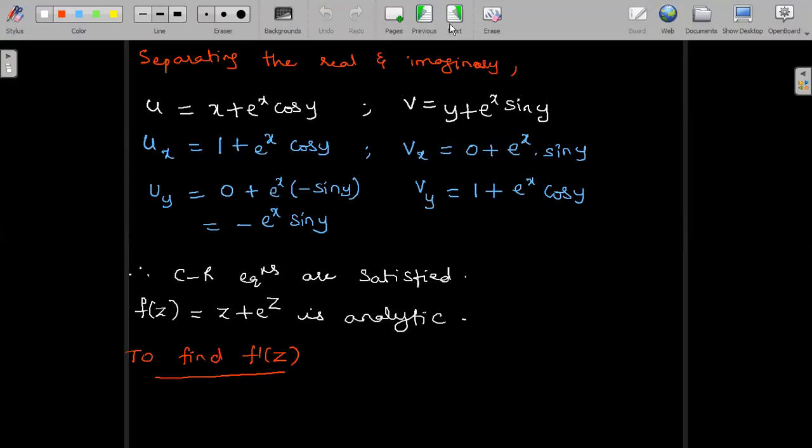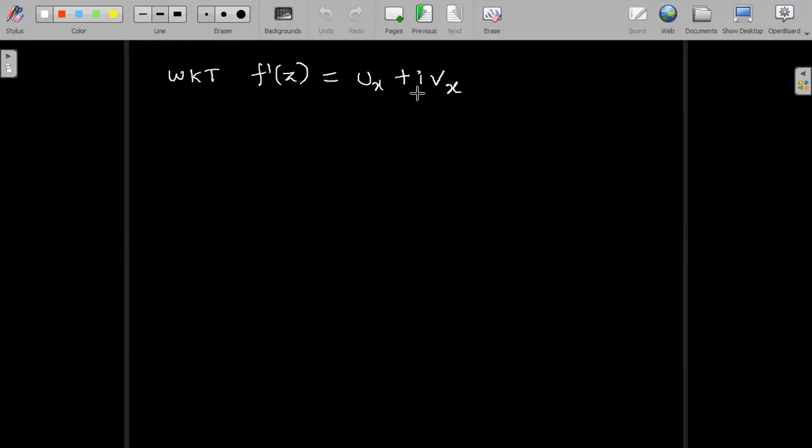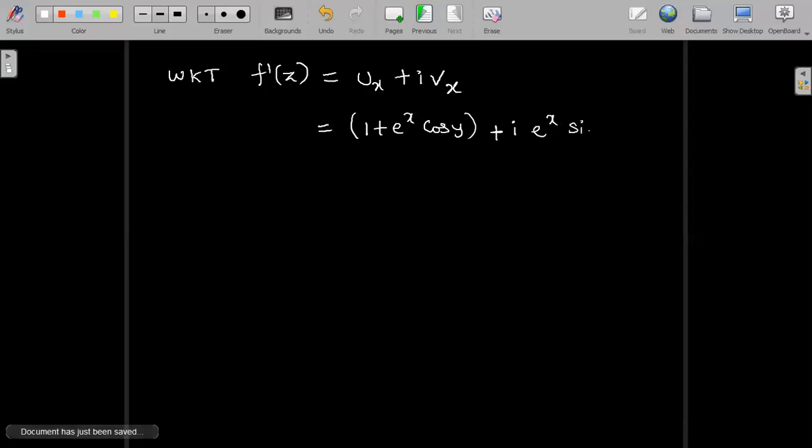Okay, we will just substitute that 1 plus e power x cos y and e power x sin y are the respective values. So this will be equal to ux is nothing but 1 plus e power x cos y, and i as it is, vx is nothing but e power x sin y. Now we will make use of the Milne-Thomson substitution.